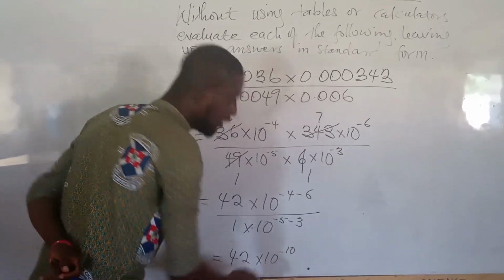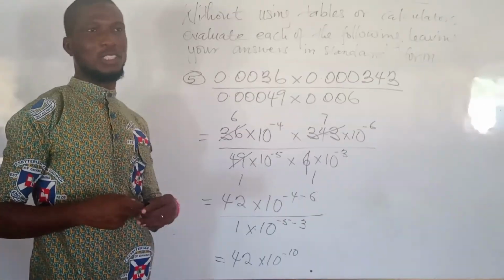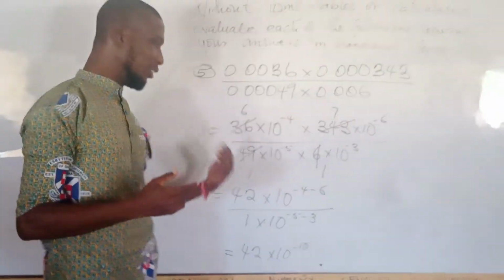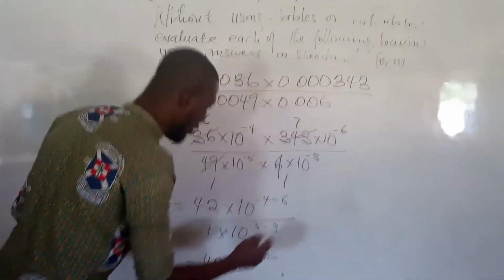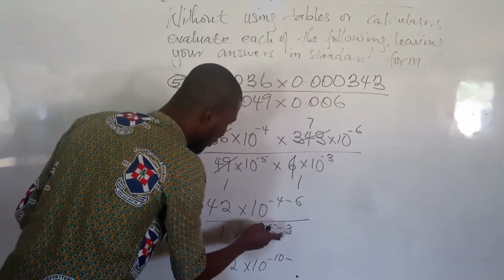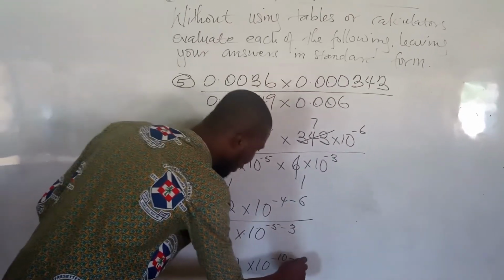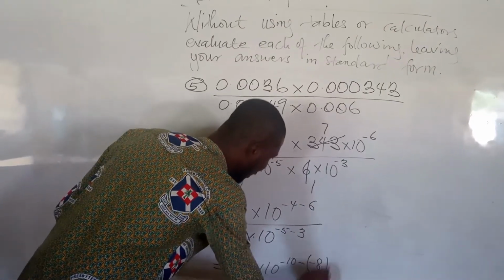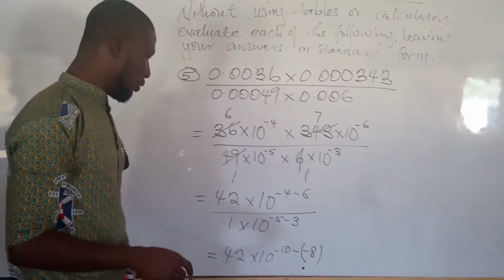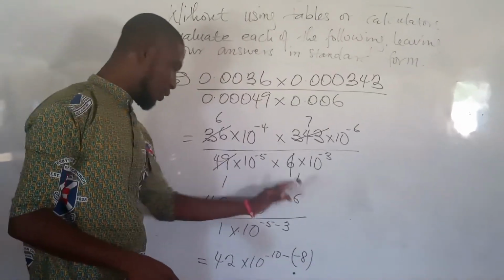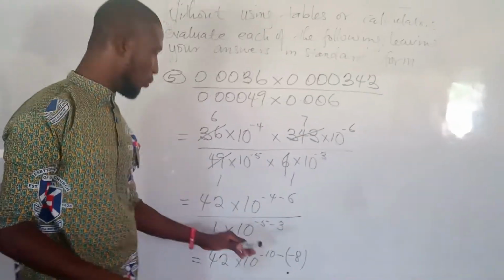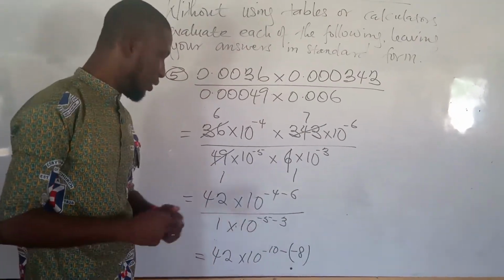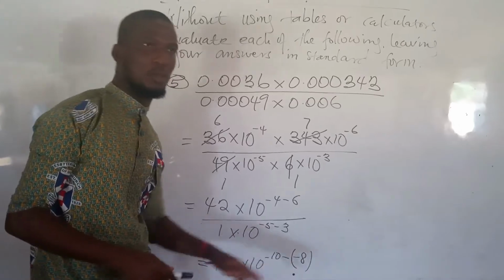Or we can jump that because of how far we've gone with indices, and we say that minus, because of the division, the negative 5 minus 3 is negative 8. So we put the negative 8 in brackets. So the negative 10 for this one, then minus, because this is dividing the top one, that's why we have the minus here. Then the exponent is negative 8, so we brought that.